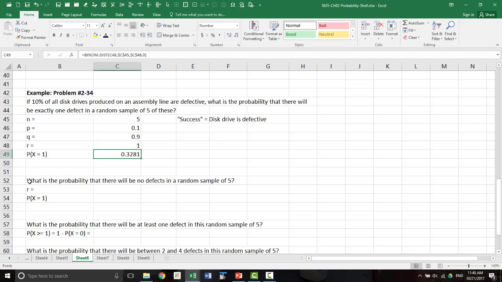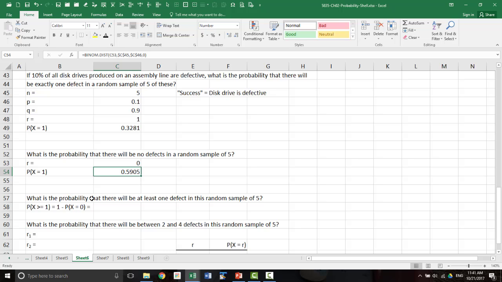Now, second question: what is the probability that there will be 0 defects in a random sample of 5? Which means we want R equal to 0. Now we can copy this because we have the N and the P absolute referenced. We copy that down here and we get the probability of R equal to 0.